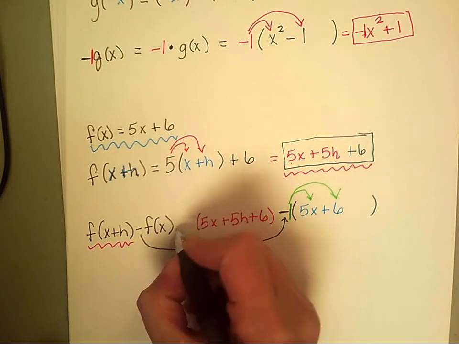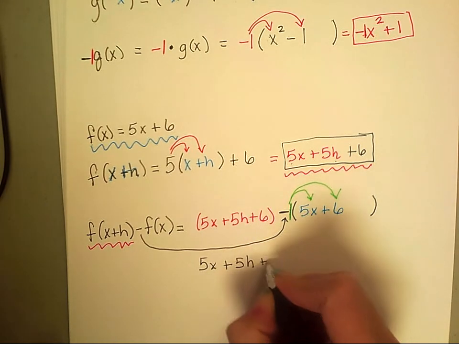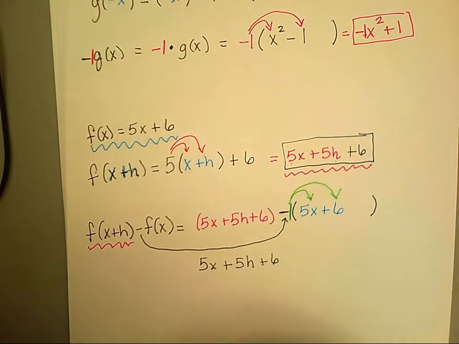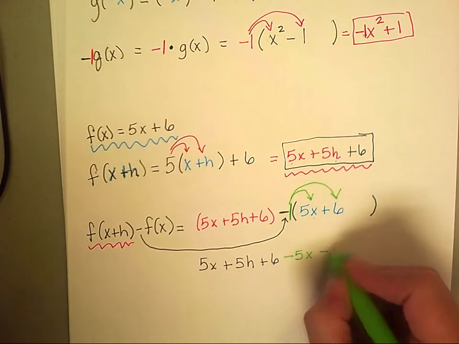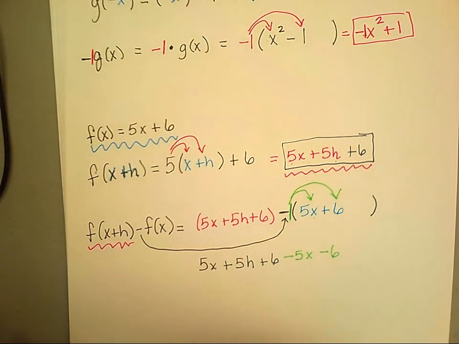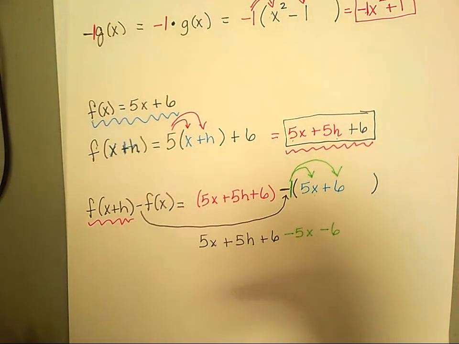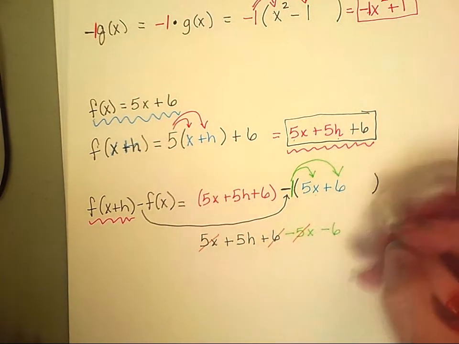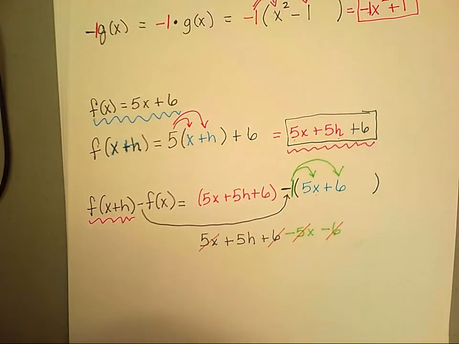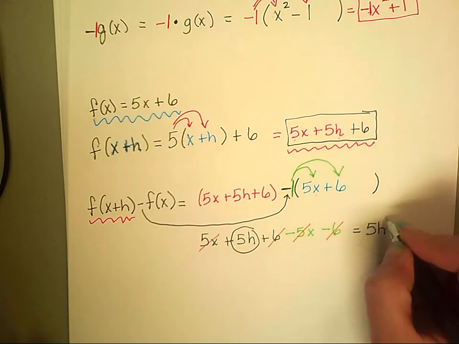So this first part will stay the same, 5x plus 5h plus 6, but now we're going to subtract 5x and then subtract 6 by distributing, and now we can combine like terms. 5x subtract 5x, 0, and 6 minus 6 is 0, so the only thing we're left with is 5h.